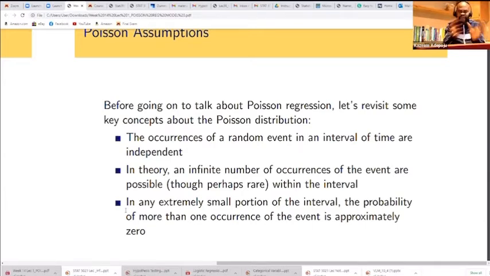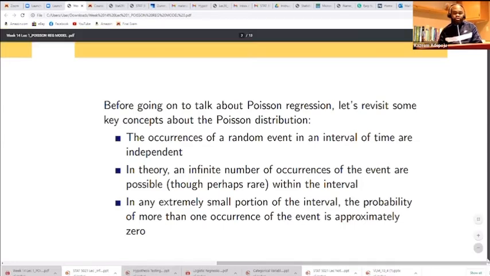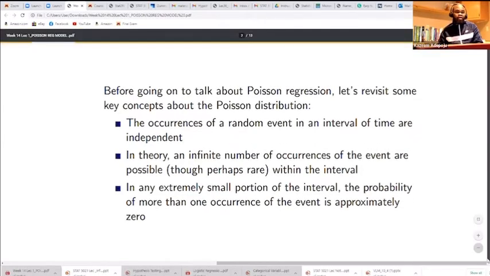That's a very small interval. There's a possibility that you may not have an occurrence of an accident within the small interval. That doesn't mean it cannot occur. It can occur, but we're just trying to say the probability of this occurring is approximately zero. These are the assumptions of a Poisson distribution.